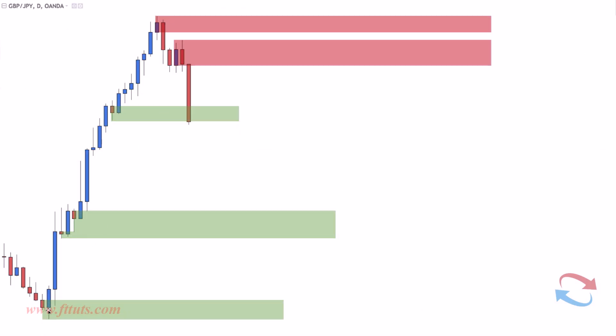Now, we've got a move up and we've got pretty much all these demand zones here, right? And then we've got some supply zones around here. Always keep in mind that this is the cheap level or the expensive level, depending on which currency you're buying, and vice versa. So this is really the potential range.